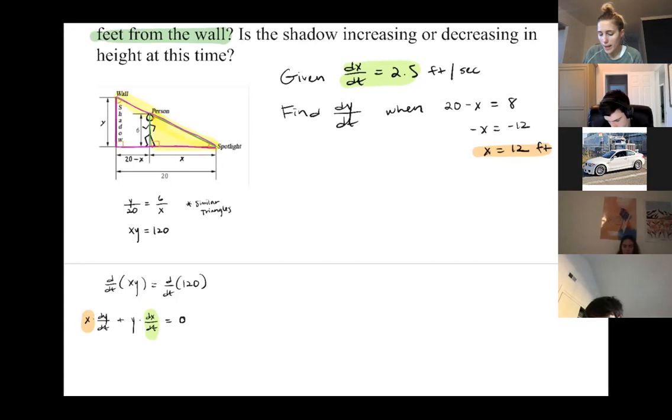So we can go back to that original equation, which is y over 20 equals 6 over 12, or you can use x times y equals 120. Right, so then we get y equals 10 feet.